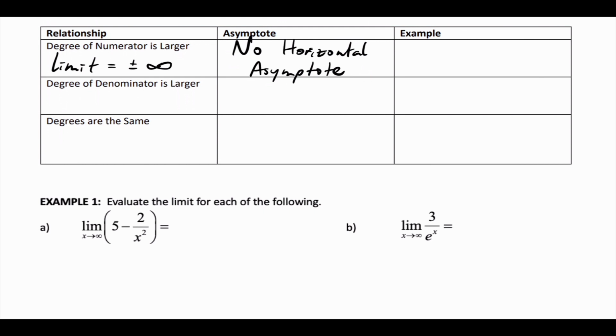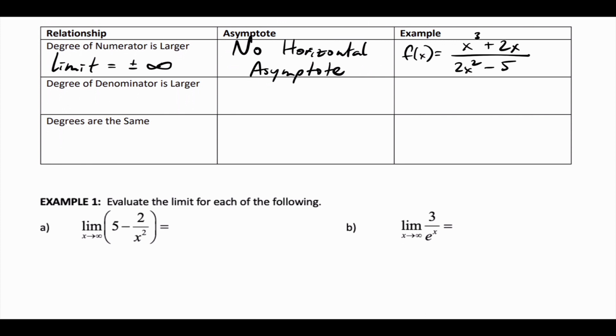So let me give you an example. Let's try an example. f of x is equal to, let's say, x to the third plus 2x over 2x squared minus 5. What is the degree on top? 3.